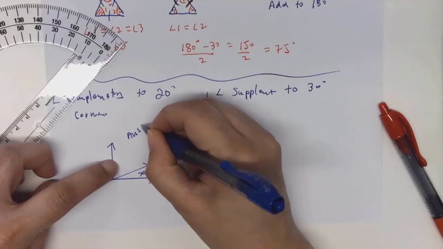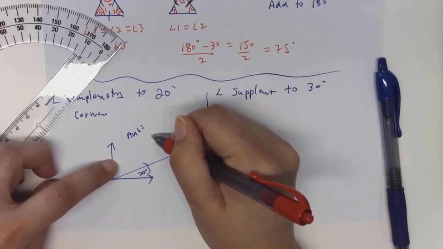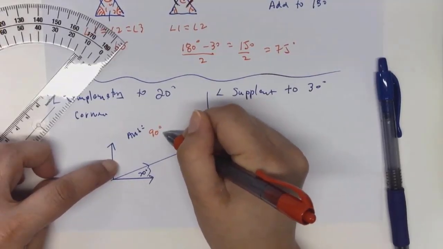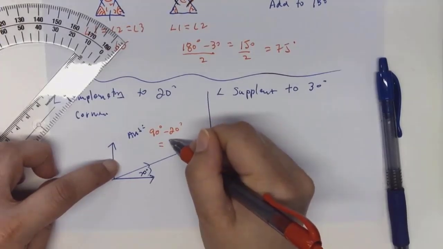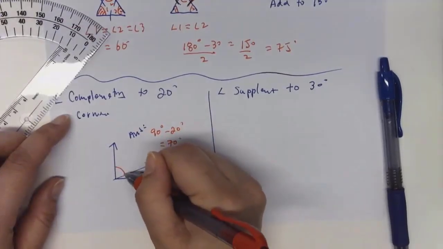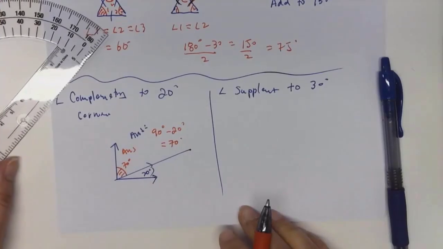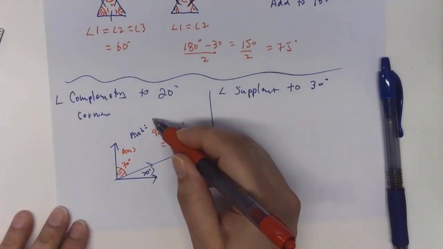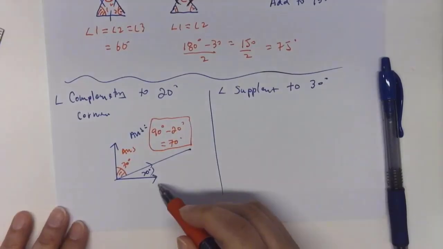Your answer, which is 60. Is it? Okay, because we're going to use 90 degrees subtract 20 degrees, right? So we're going to get 70 degrees. Okay, so this is 70 degrees and this is the answer part. So that's how you will draw it. Is it okay for the complementary to 20?